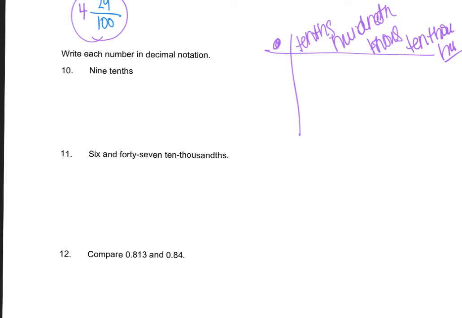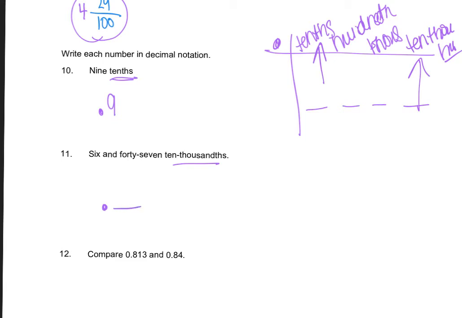So if we have 9/10ths, that means we're going to end here, right? So remember, you want to end in the place, however many over to the right, that your word is, right? So here we have 10,000s. So if we're ending at 10,000s, that means we want 1, 2, 3, 4 digits.